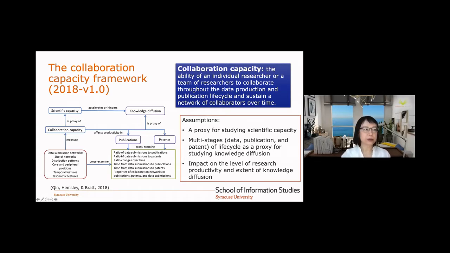These include the ratio of data submissions to publications, the ratio of data submissions to patents, ratio change over time, the time from data submission to publication, the time from data submission to patents, and properties of collaboration networks in publications, patents, and data submission.